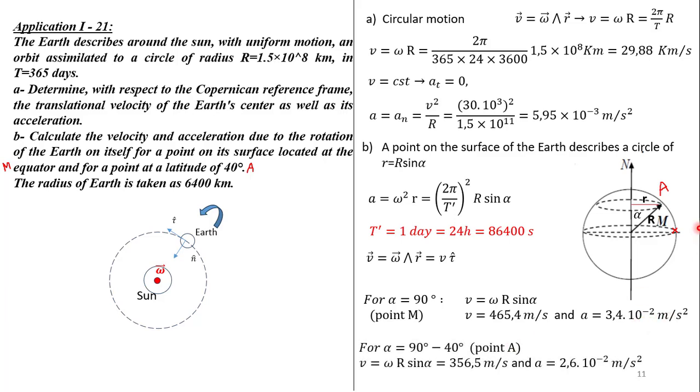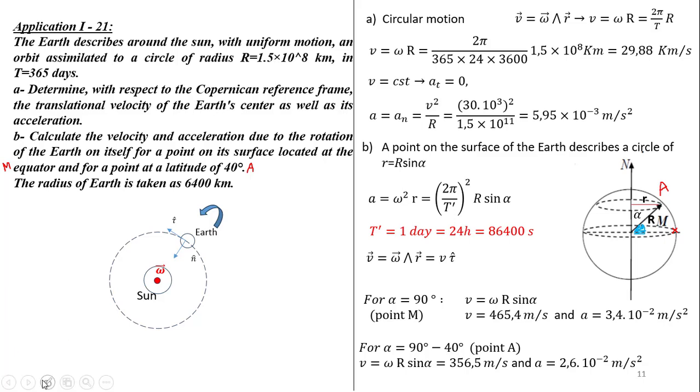Now for point A, they said that we have an angle of 40 degrees. It corresponds to the latitude. This means that alpha is equal to 90 minus 40, so alpha is equal to 50 degrees.